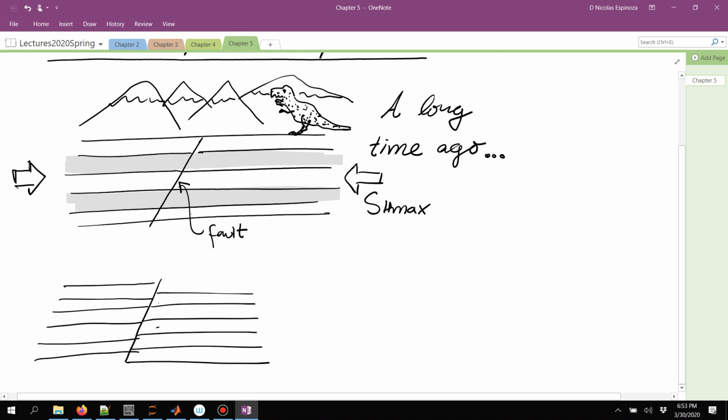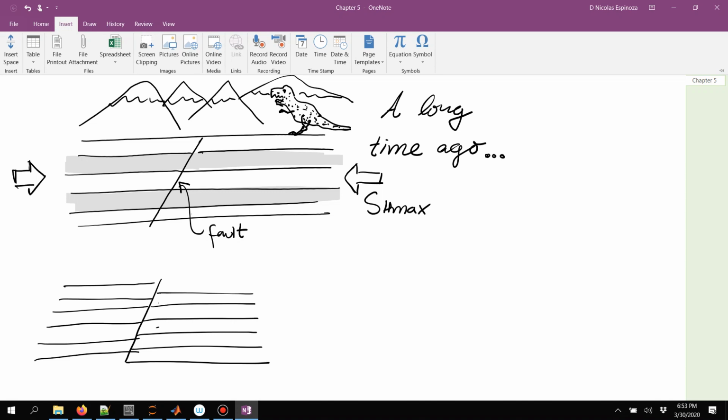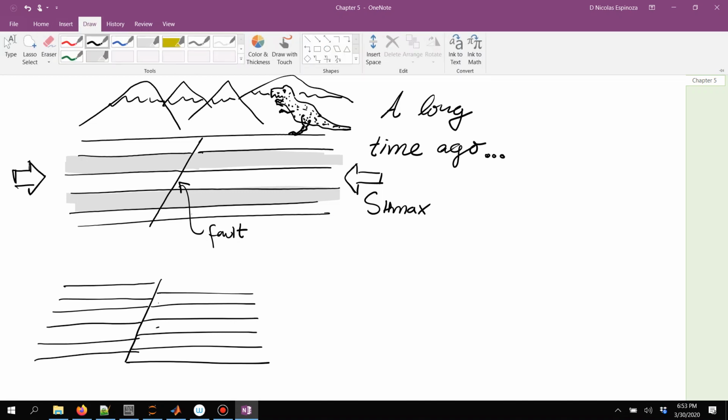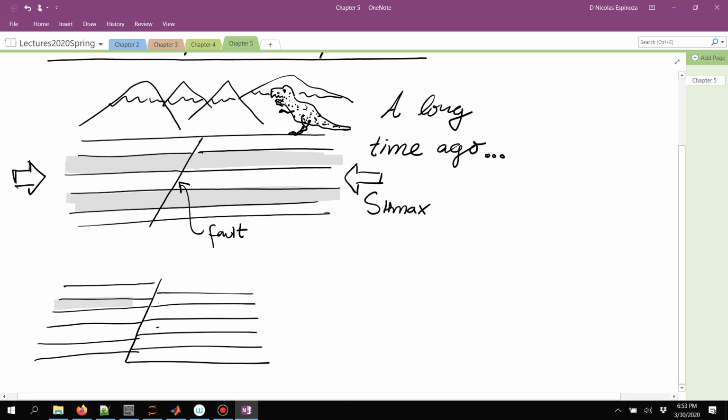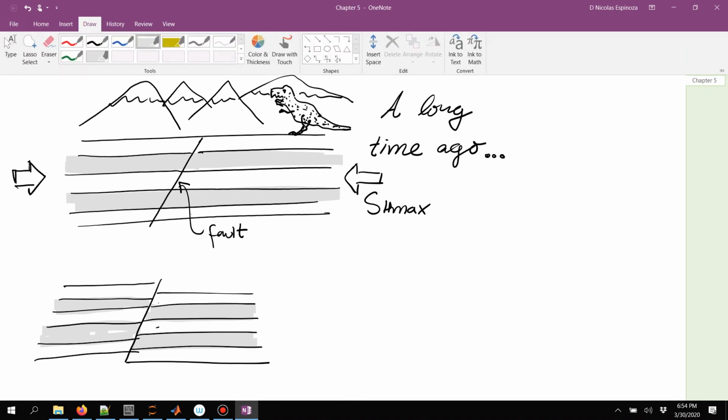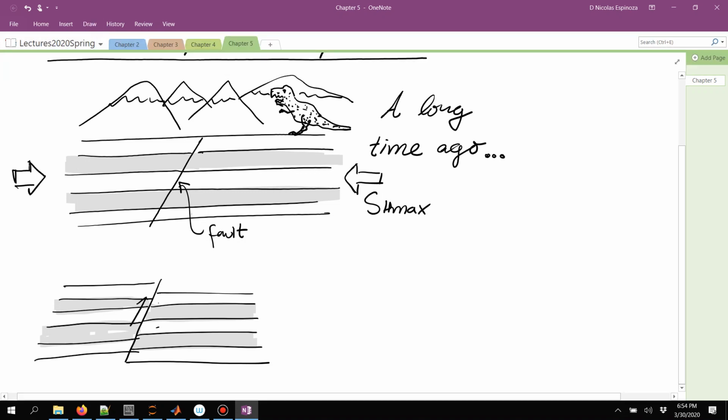The result is going to be that now what is above the fault, which is called the hanging wall, is going to move relatively to the section which is underneath the fault, which is called the footwall. So this is going to be the movement that you would expect, and this was because of the action of a horizontal stress.